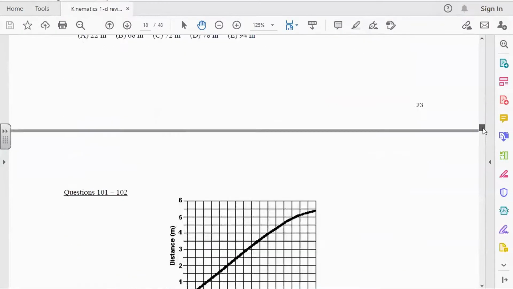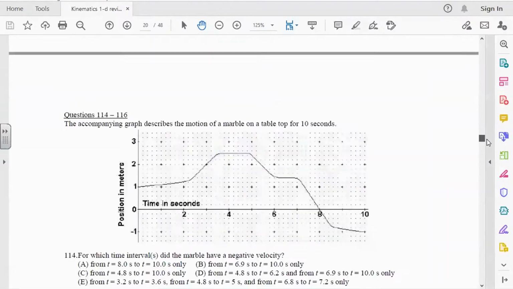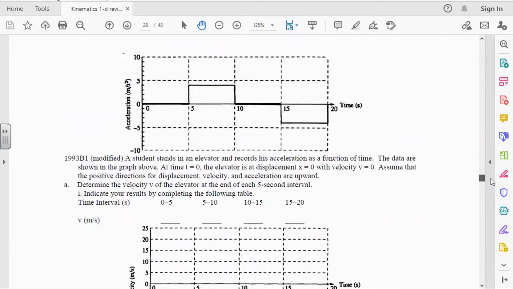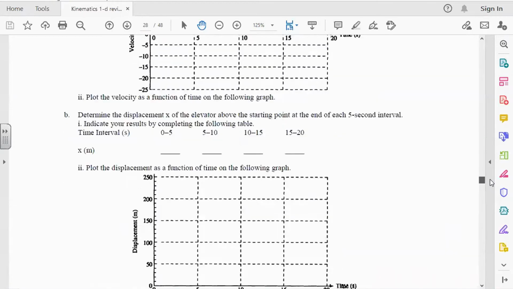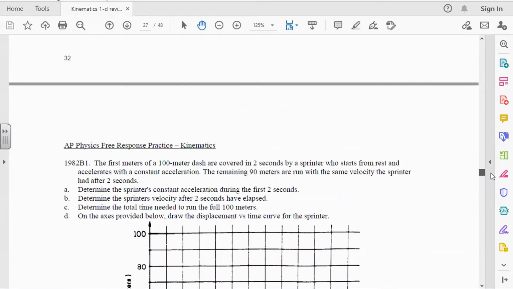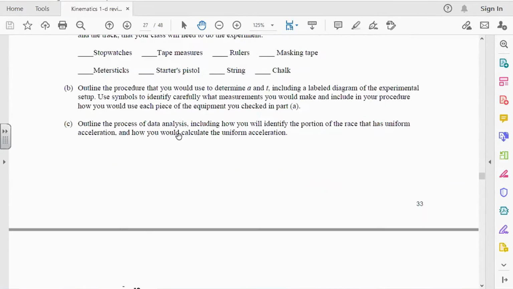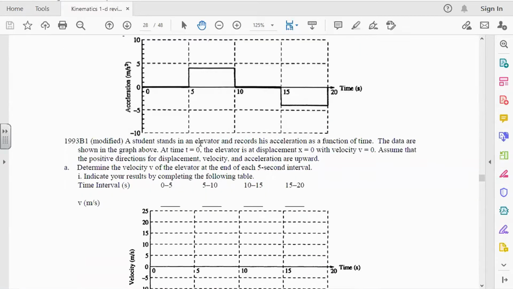So I believe I got that one from here. Sorry if it's making you dizzy. For the quiz that I gave you, this is question 1 from the quiz. So if you wanted to look at the quiz that I posted, this is question 1, and this one is question 2.